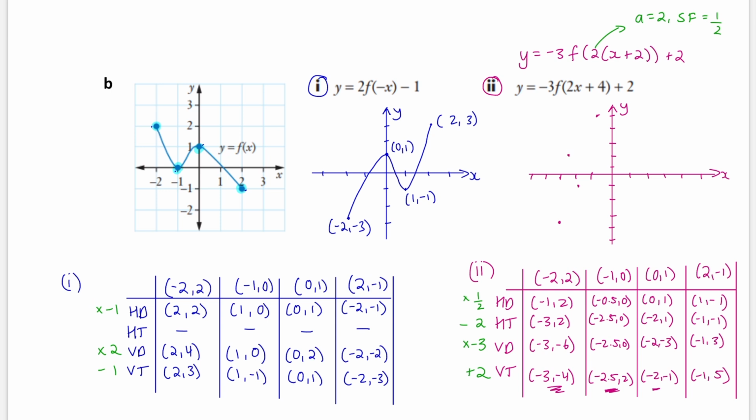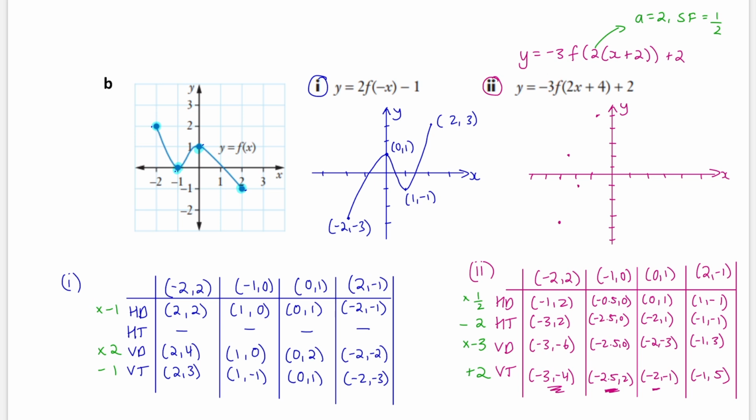Now what you can see is that these coordinates are very close together. And that makes sense because I have a horizontal dilation in which the graph is being compressed. And then I also have a vertical dilation in which the graph is being stretched.